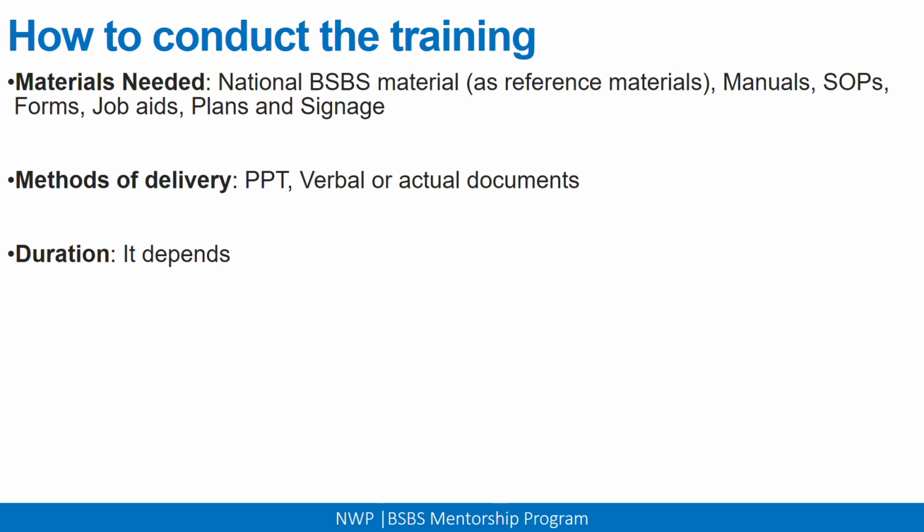But if you do not want to do it in that manner, but you just want to do the manual trainings alone and the SOP trainings alone, you can plan out your SOPs. Maybe in 1 month you're doing 3 SOPs, in the other month, 3 SOPs, in the other month, 3 SOPs.